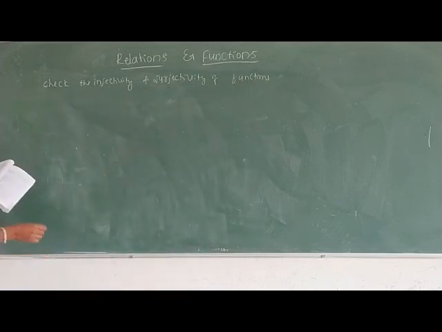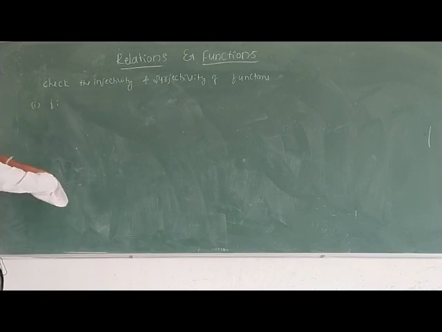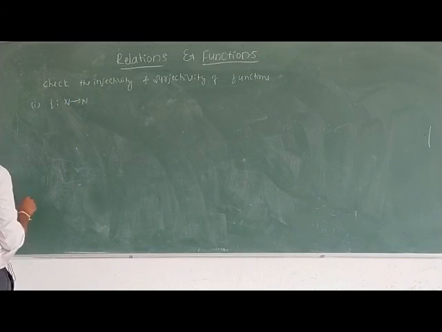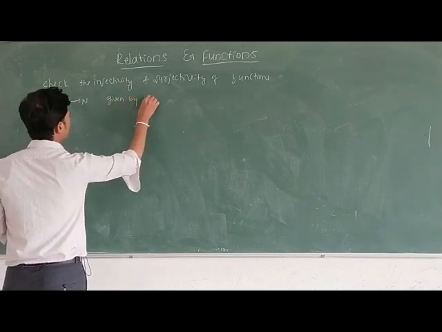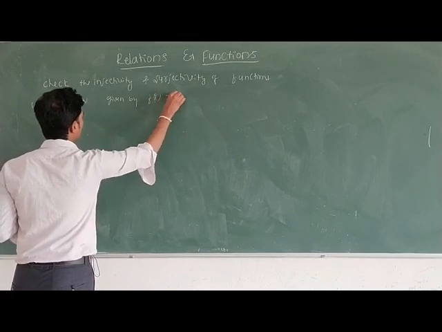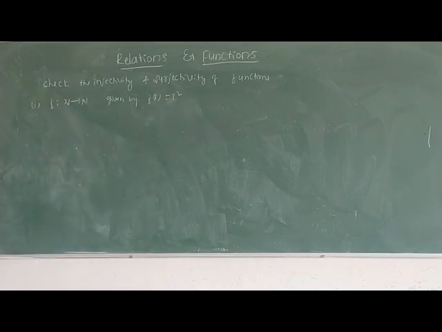So under this the first problem is f is defined from set of all natural numbers to set of all natural numbers and is given by f of x is equal to x square. F of x is equal to x square.